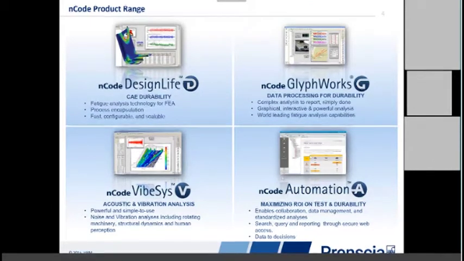Automation is basically glyphs coupled with an Oracle-like database, for when you have loads and loads of test data, and you want a clear dashboard giving you an overview as opposed to being lost in the details.